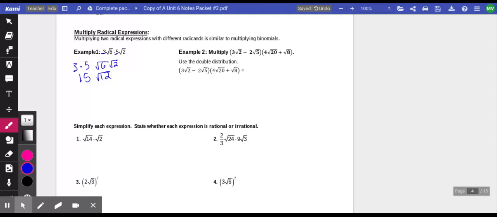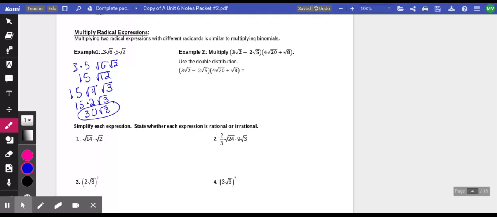Now I need to make sure I'm simplified. Well, 12 has a perfect square factor of 4. So this is 15, radical 4, radical 3. The square root of 4 is 2, so it's 15 times 2, radical 3. 15 times 2 is 30, so it's 30 radical 3.